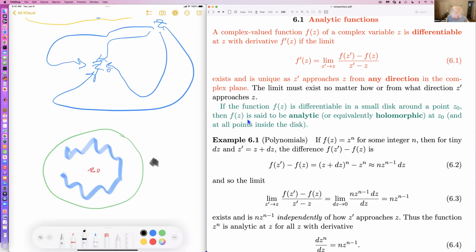Whoops. So then it's said to be analytic at z0 and inside the disk.